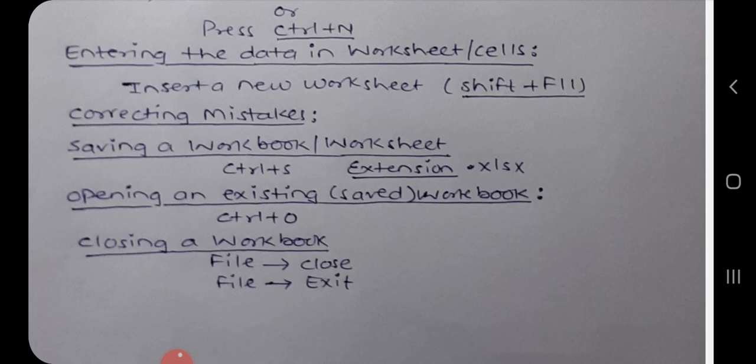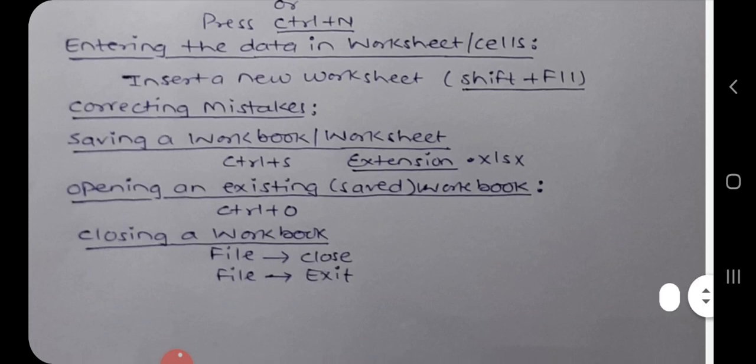The file opens up and you will be able to make changes in it. After making the changes in an existing or saved file, you must save it to keep the changes done by you. This can be done by using either save button or save as option of the file tab.